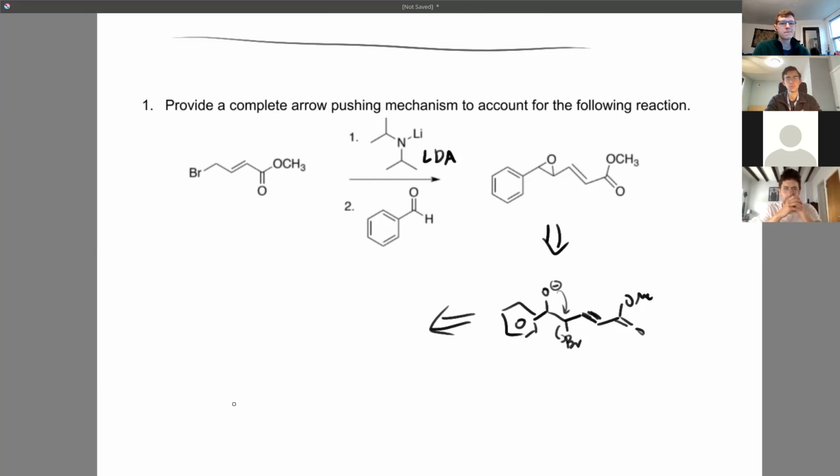I remember using it to abstract the alpha hydrogen to make the enolate, to then go through the whole reaction. I don't remember using it for anything other than selecting for a cross product.